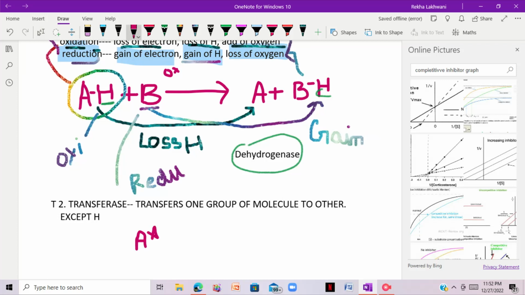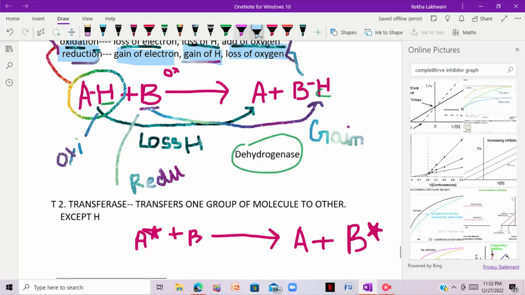Transferase is the enzyme which is used over here because it has transferred one group of molecule to the other except hydrogen. If it's hydrogen, then it will be known as oxidoreductase, right?